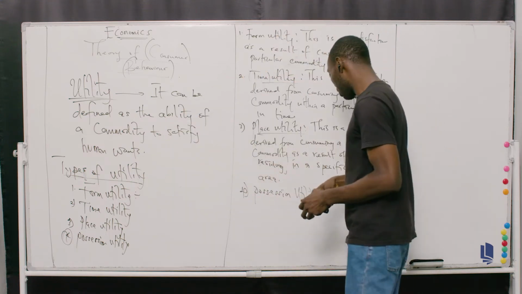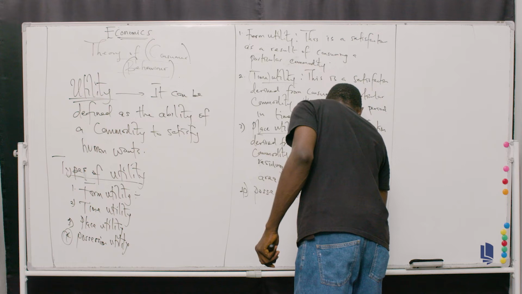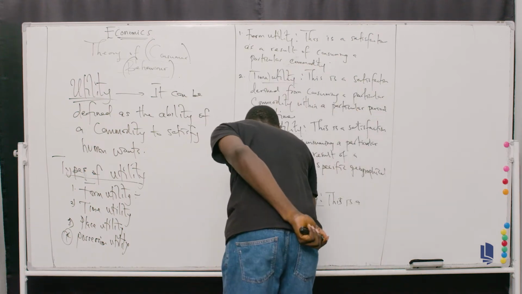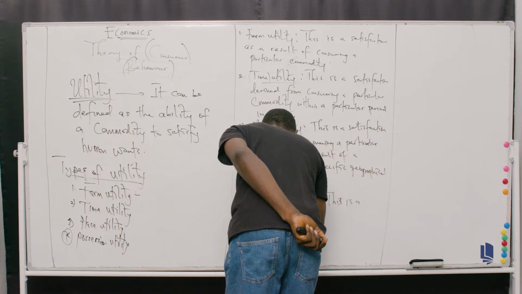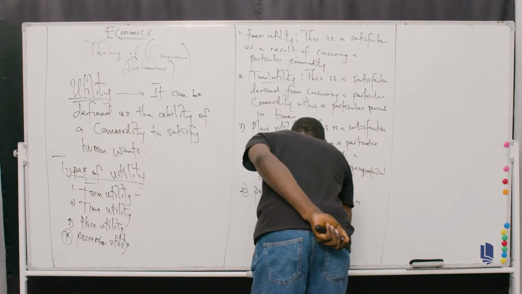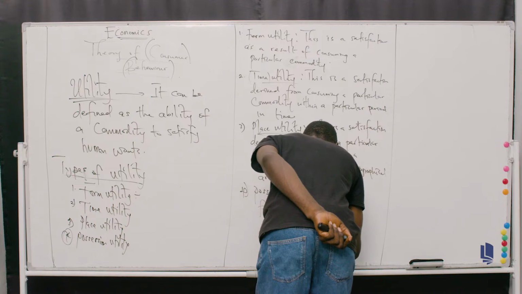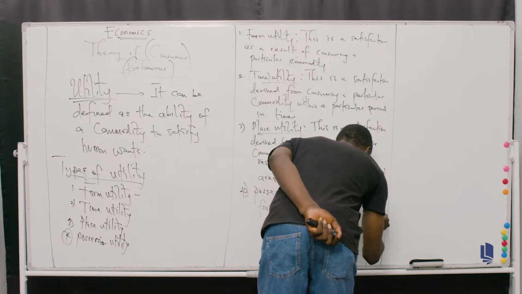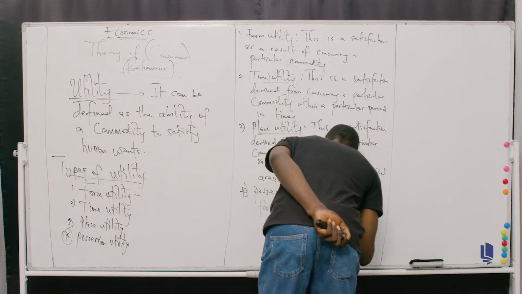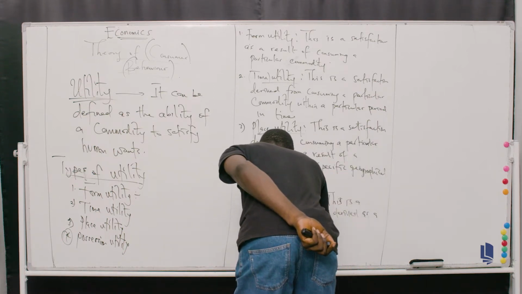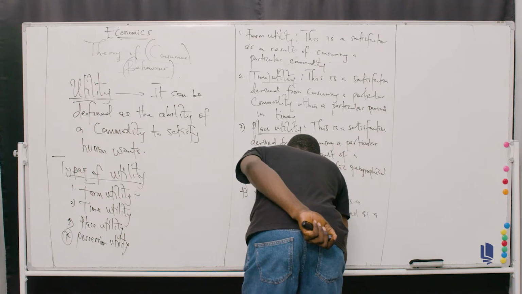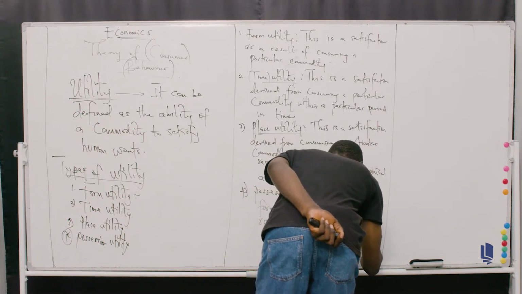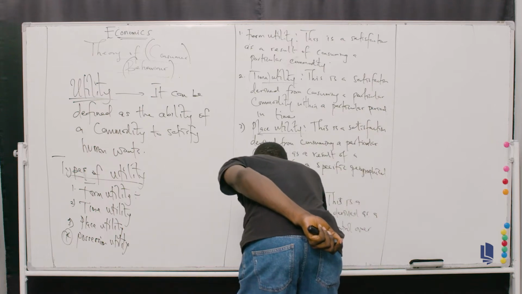So possession utility is a form of utility or satisfaction derived as a result of having control over the commodity.